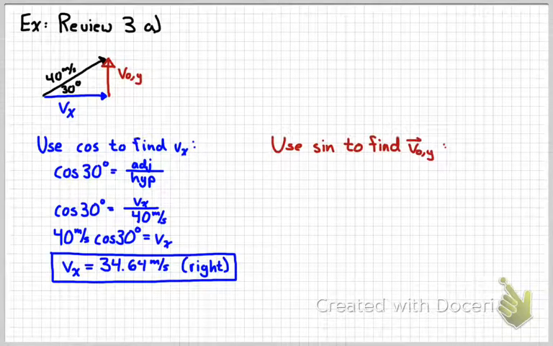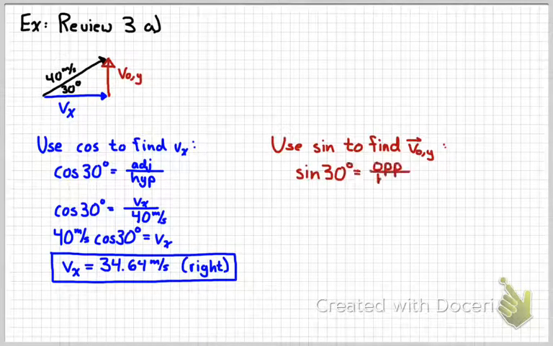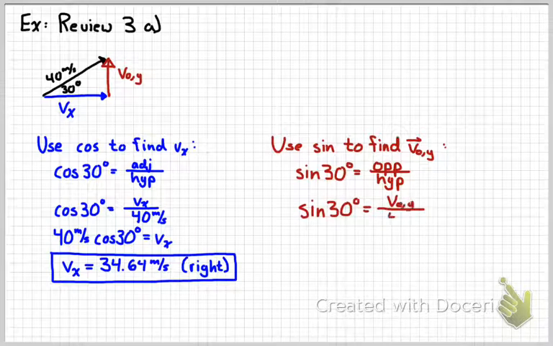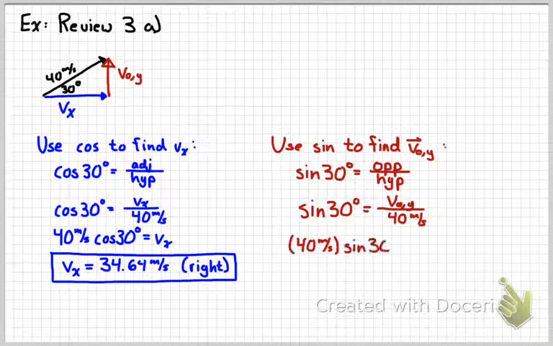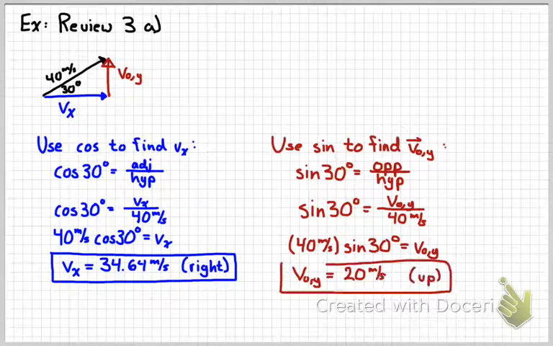We're going to do the same thing to find Vy, except we're going to use the sine function. So the sine of 30 degrees would be the initial velocity in the y direction over 40 meters per second. And solving for V initial in the y direction will be 20 meters per second, and we should indicate that that is up.